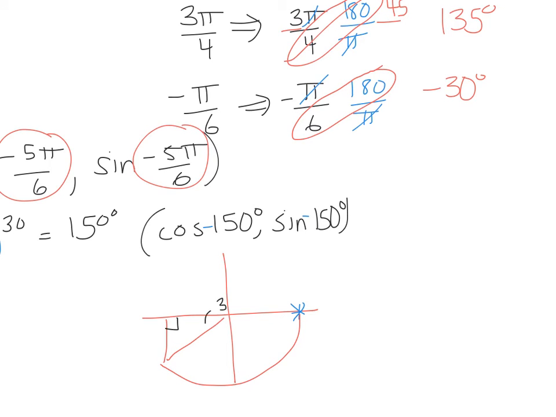This is going to be 30, and opposite the 30 is 1/2, and opposite the 60 is root 3 over 2, in a 30, 60, 90. So now in this quadrant, your x, you had to go back root 3 over 2, so it's negative root 3 over 2 as your x coordinate right here, and your y coordinate is negative 1/2.